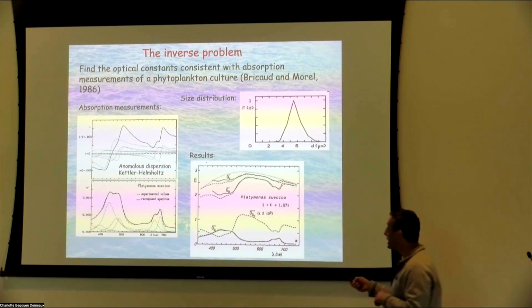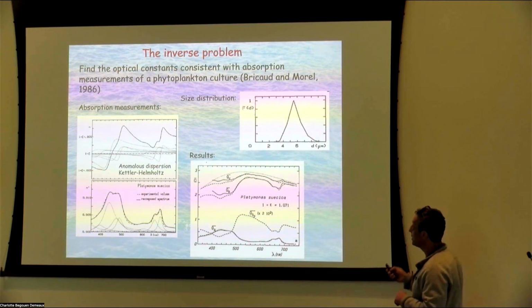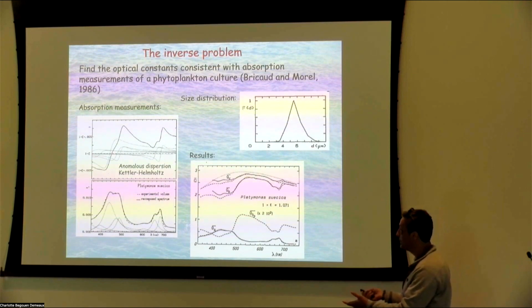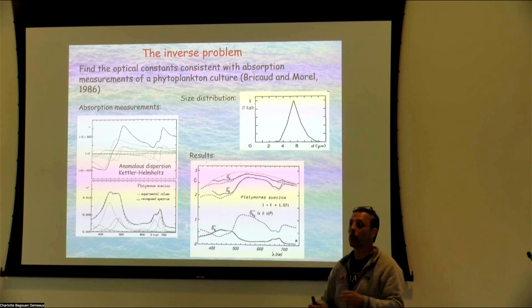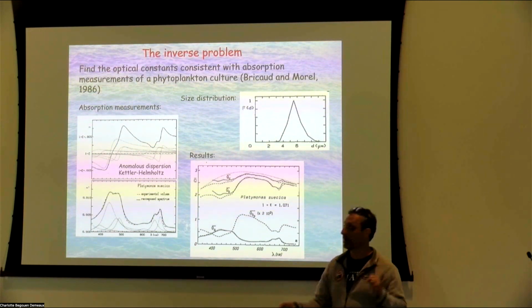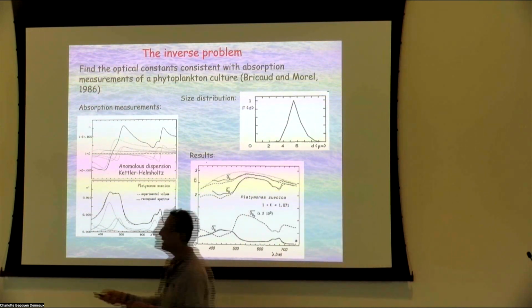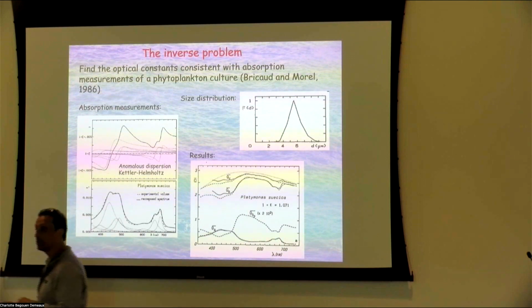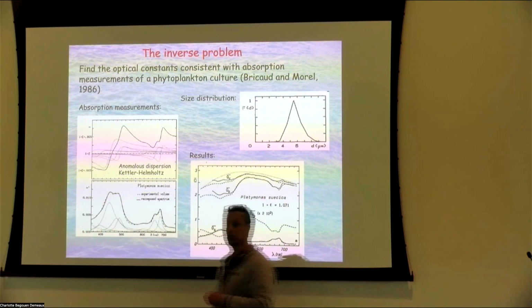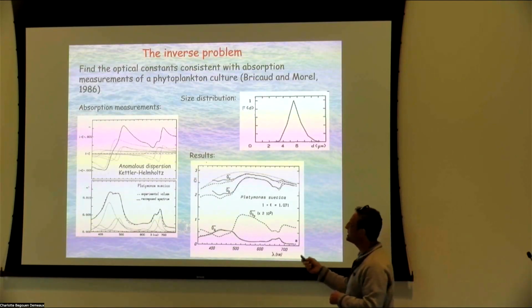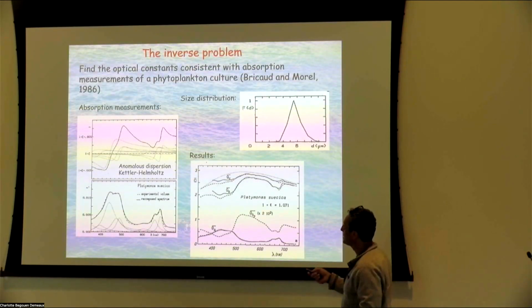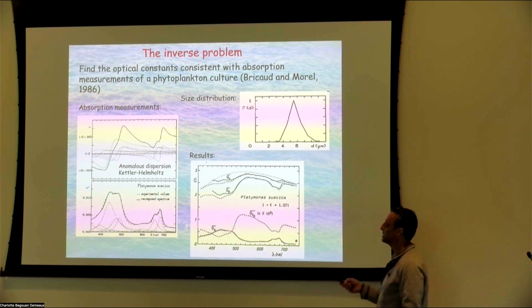So you make measurements on a known culture, but you don't know its optical properties, and you find by an inverse problem what index of refraction and size will give you your observation. These are efficiency factors, so you have to multiply them by cross-sectional area, et cetera, to get to the actual phytoplankton properties.